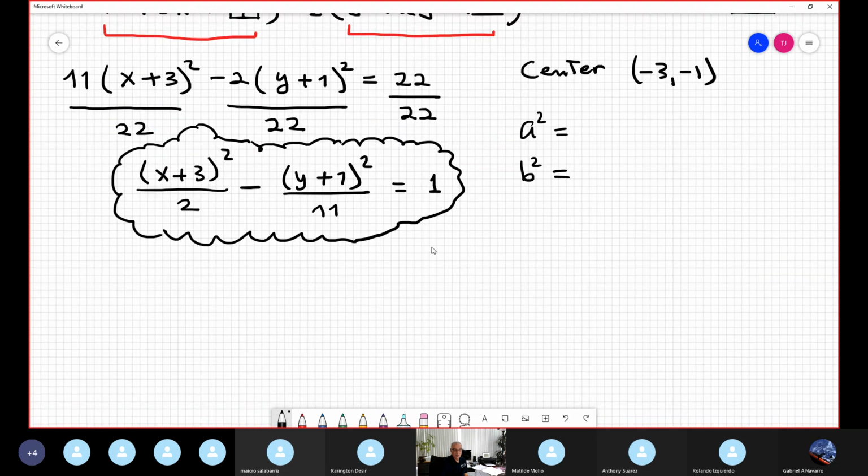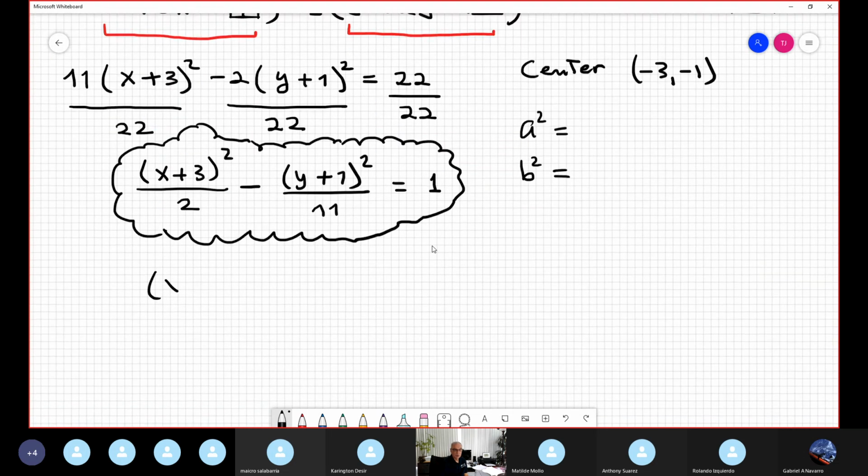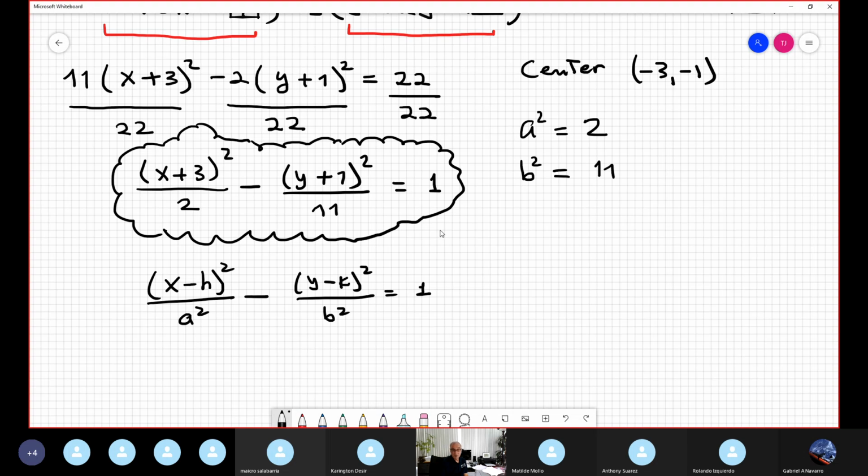Remember, we compare to this: (x minus h) squared over a squared minus (y minus k) squared over b squared equals 1. This is general, and this is a particular example. So a squared is 2, and b squared is 11. It's a weird number, but it's the answer, right?